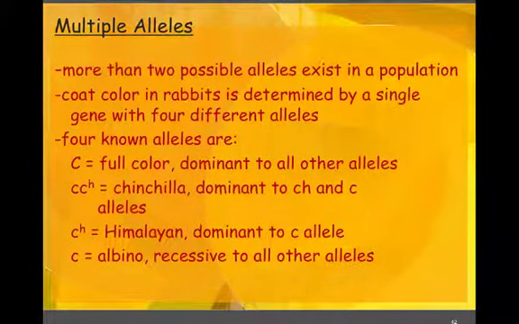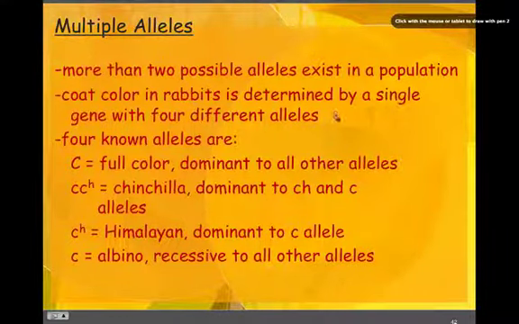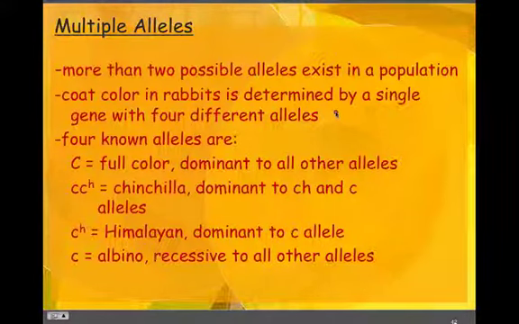Multiple alleles would mean there's more than one. So multiple alleles means more than two possible alleles exist in a population. Coat color in rabbits is determined by a single gene with 4 different alleles. So once again, remember the alleles are what's going to go into the gametes.